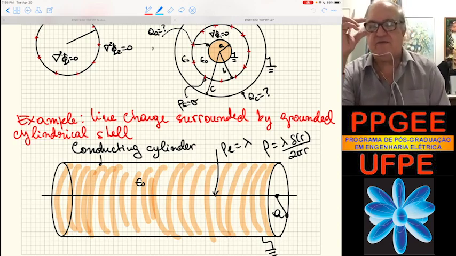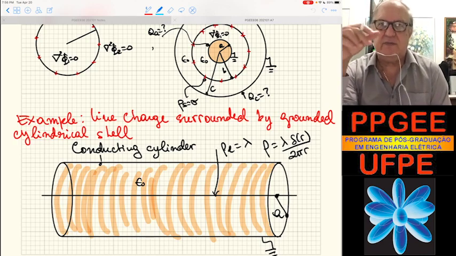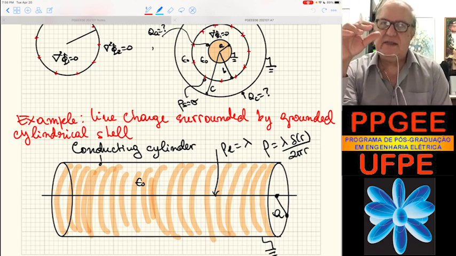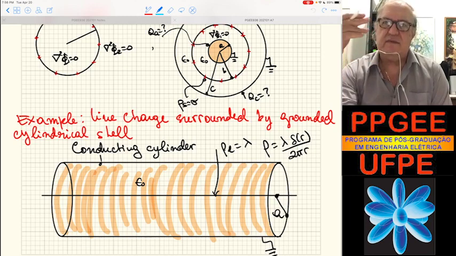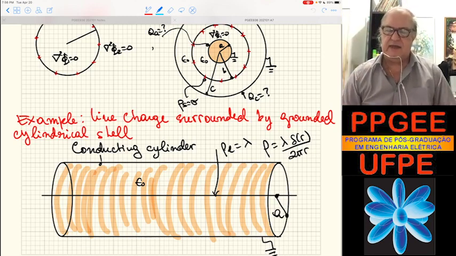These are our examples of high symmetry, right? We are going to deal with problems with dependence of the potential on more than one variable. We have to use different methods, but now we can solve by direct integration of the differential equation.